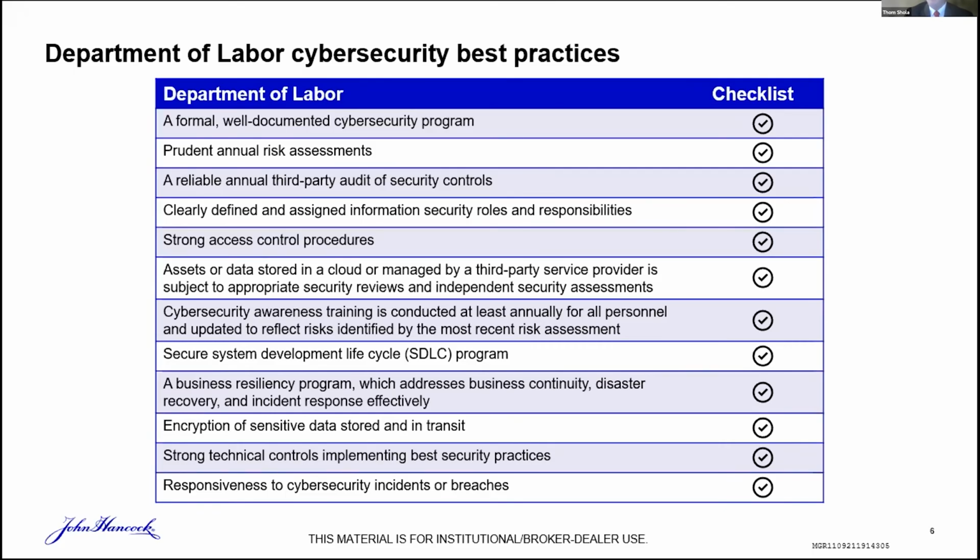And there were three parts of the guidance. Number one, it was tips for hiring a service provider with strong cybersecurity practices. Second, it was the cybersecurity program best practices. And this was really part of the guidance which is directed at plan record keepers. It's making sure that the record keepers and other service providers are responsible for securely maintaining plan and client data, and it's related to the IT systems.